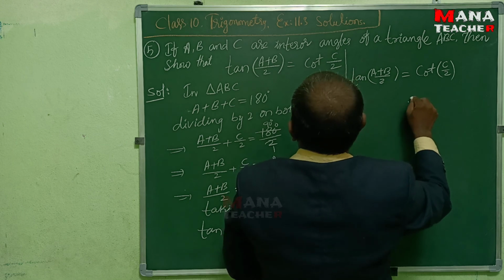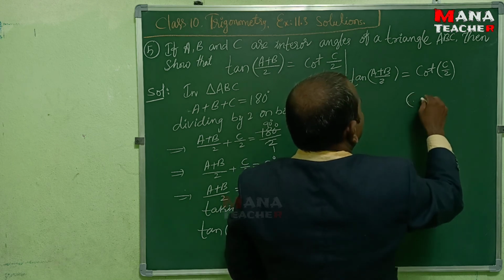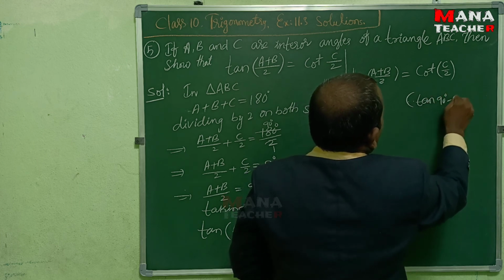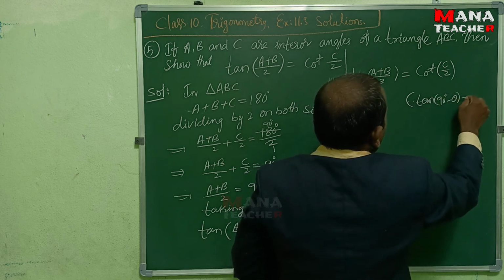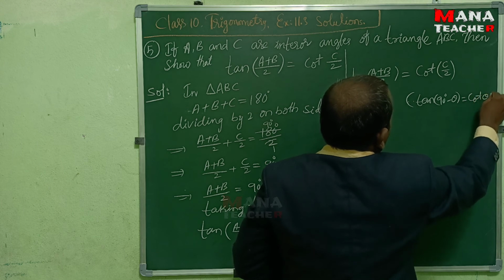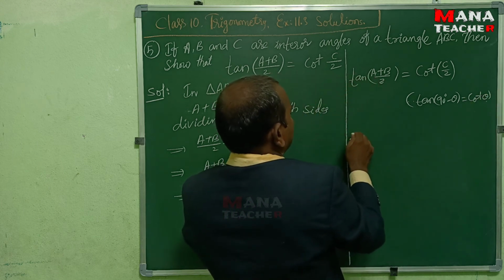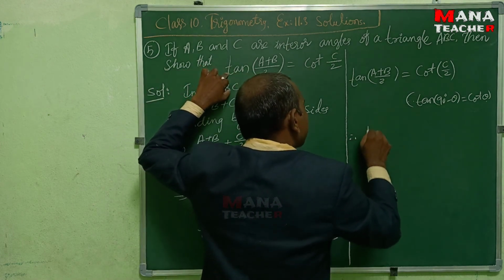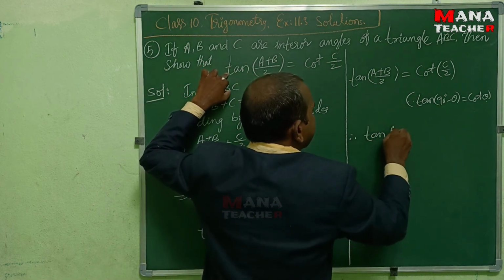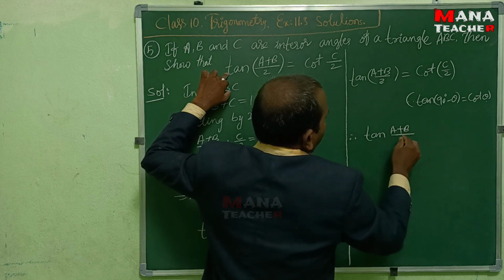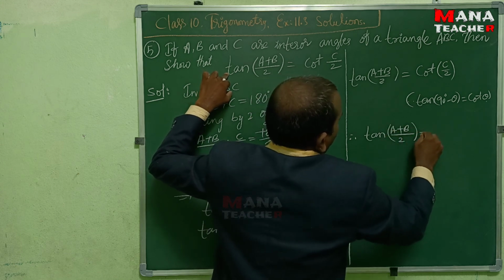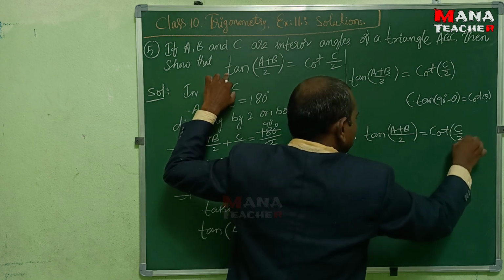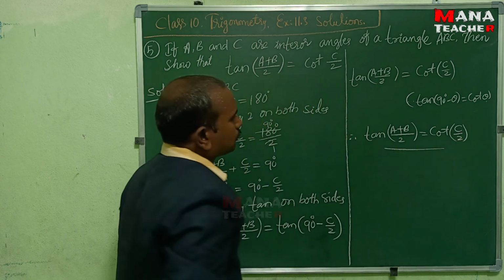Here tan 90 degree minus theta equals cot theta. Therefore tan of (A plus B) by 2 equals cot C by 2. Hence this is proved.